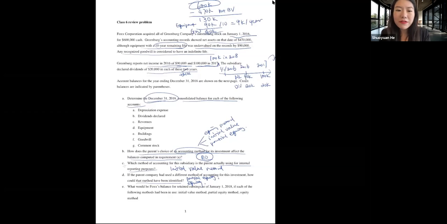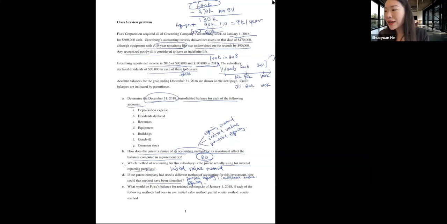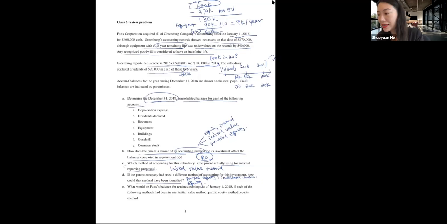So if the parent firm has been using the partial equity method, first of all, the investment income. Instead of recognizing the subsidiary's dividend as its income, now the parent is recognizing the subsidiary's income as its income. So the investment income should be 100,000. Right.